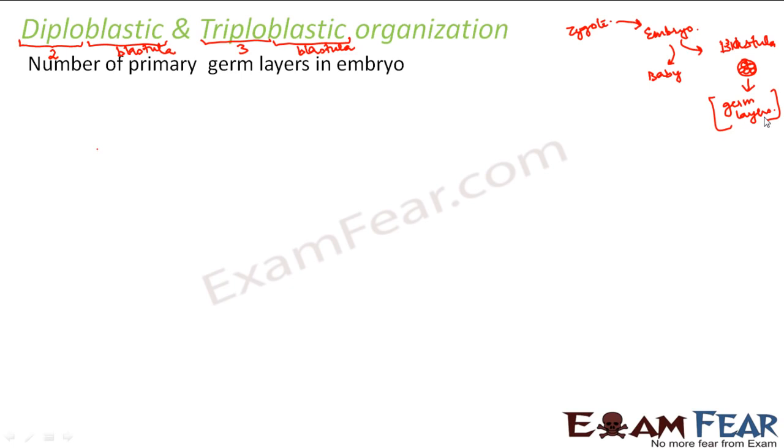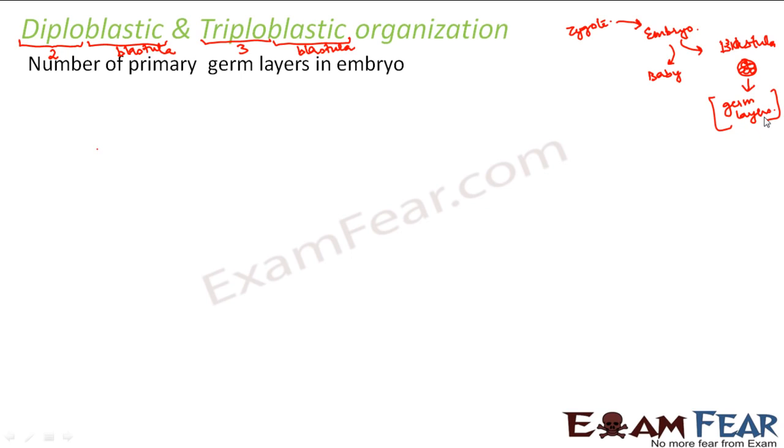Now in different types of animals, different numbers of germ layers are present. In some animals there is just one germ layer. In some animals there are two germ layers. In some animals there are three germ layers. Each of these germ layers will give rise to certain parts of the body.